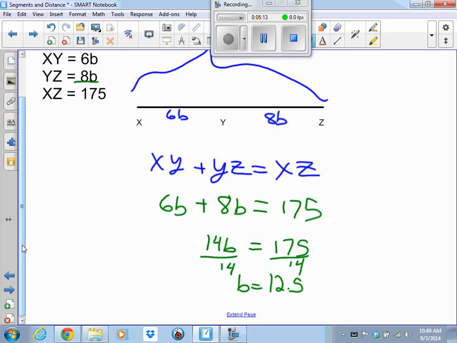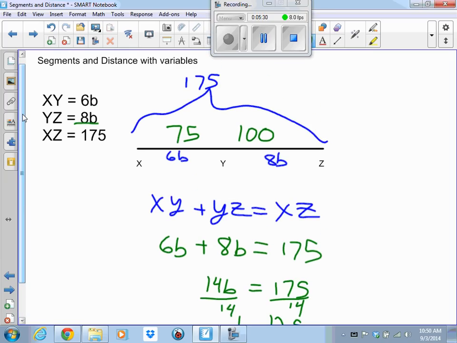So now that's a decimal. We're going to check it. We're going to do 6 times 12.5, which will give you 75 here. And then we have 8 times 12.5, which should be 100 because the whole thing is 175. So make sure that when you plug in your variable, it does actually come out.